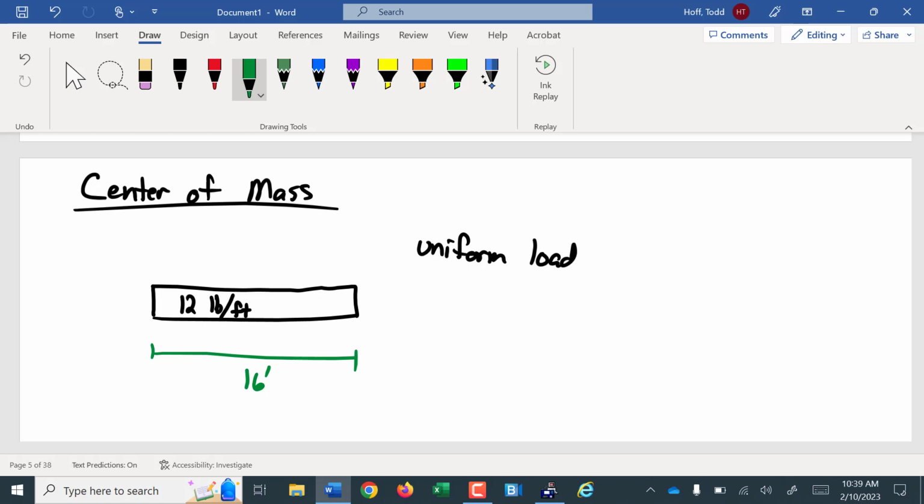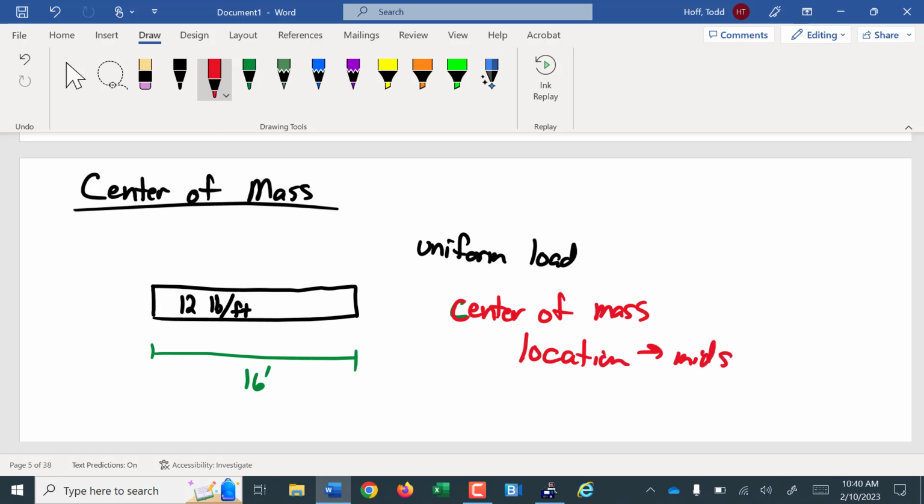For a uniform load like that, the center of mass is always at the mid-span. So for this one, center of mass is 8 feet from either end.